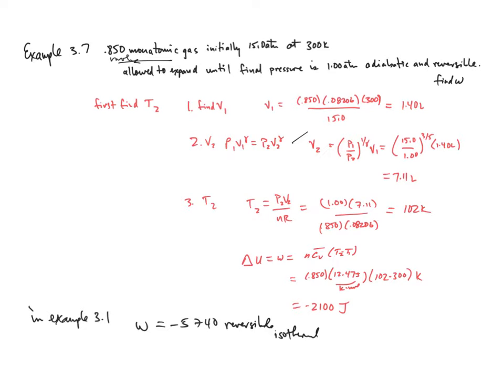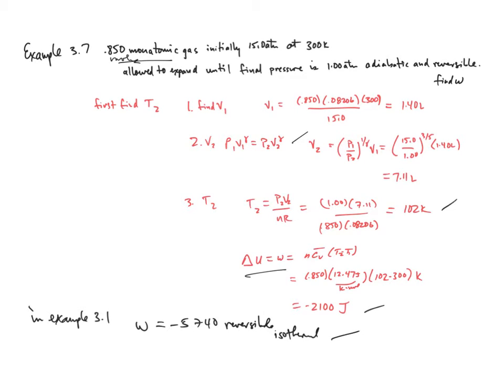Once we get the final volume, then I could use the ideal gas law to get the final temperature as 102 degrees. The work in this case is exactly equal to delta U. It's adiabatic because Q is 0, and we have an expression for that from earlier in the chapter. I get a work done of minus 2100 joules for the adiabatic expansion.